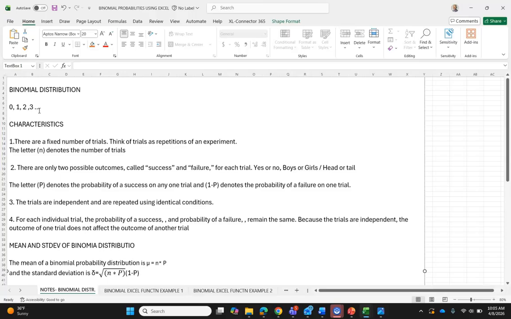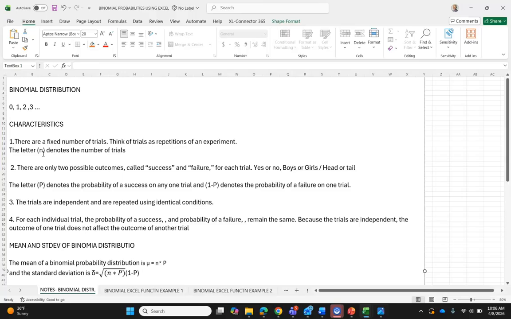Now, the binomial distribution has a number of characteristics. Actually, there are 4. The first characteristic is that we have trials. Normally, a binomial distribution is done in an experiment, and in this experiment there is a fixed number of trials, which can be denoted by n.